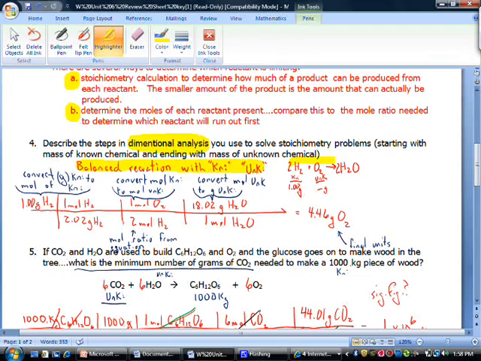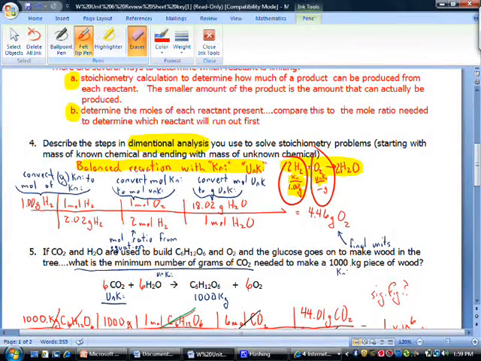Now, I've chosen to use hydrogen and oxygen combining to make water, and that the known was the amount of hydrogen in this problem, and the unknown the amount of oxygen.